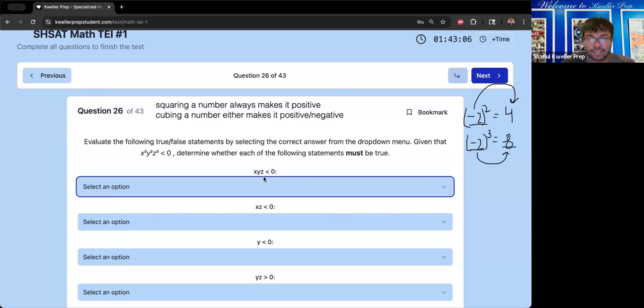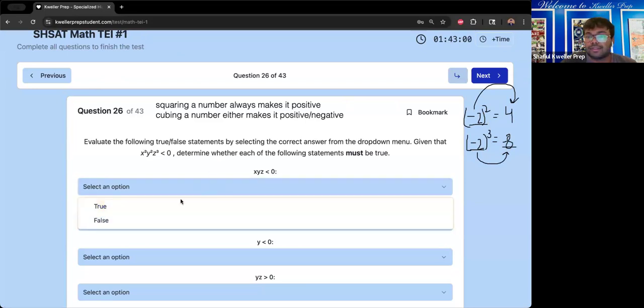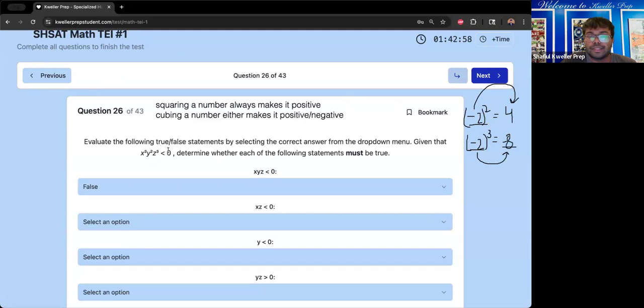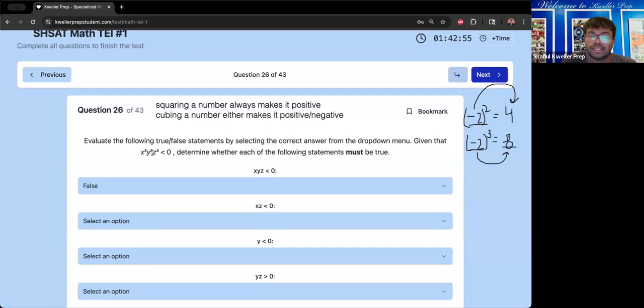So just to go through this, x times y times z is less than 0. I think this is false, because if you look at x, y, and z, and they're saying x, y, and z have to be less than 0. So if x, y, and z have to be less than 0, that means that either x or z are negative, right?